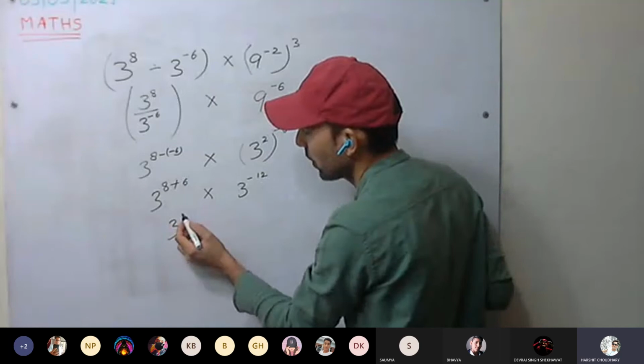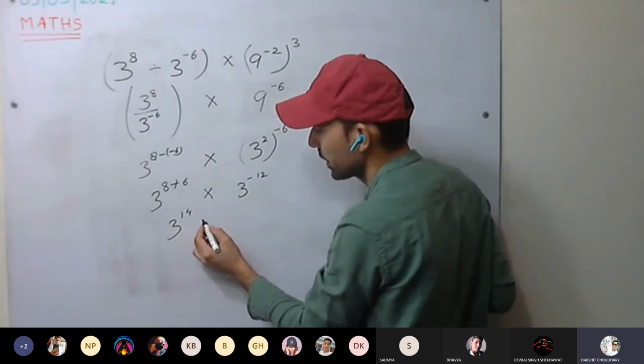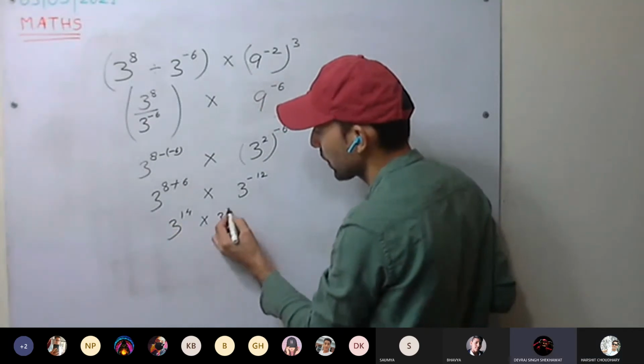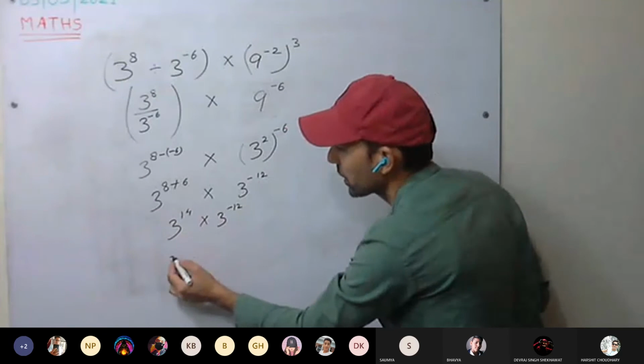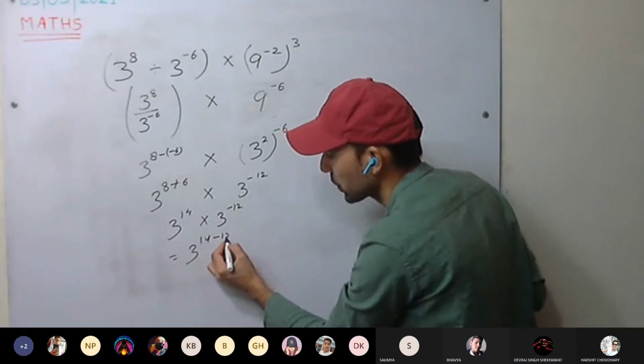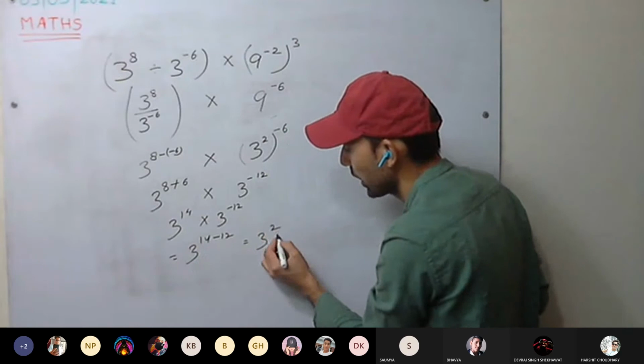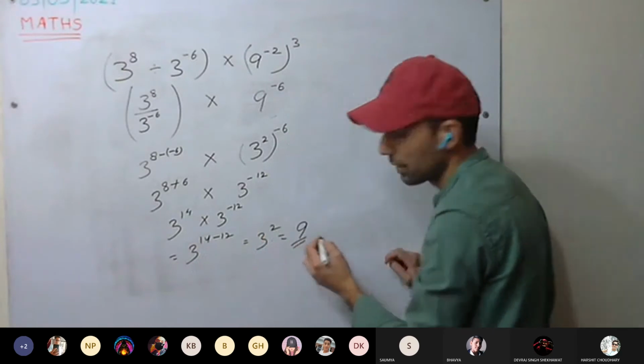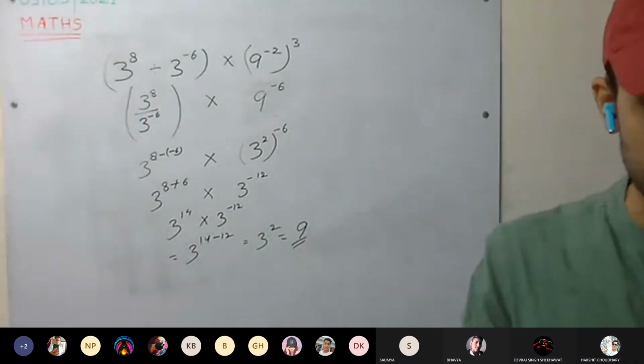So 3 raised to power 14 into 3 raised to power minus 12. Add the powers: 14 plus minus 12. 3 squared. 9. Understood?